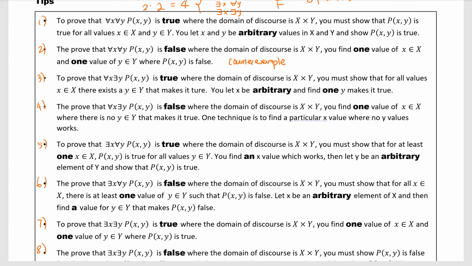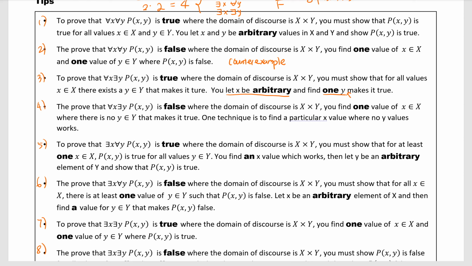Next, to show that for all x there exists y is true, you must show that for all x, there is a y that makes it true. You start the proof by letting x be arbitrary, and then you find one y value that makes it true.